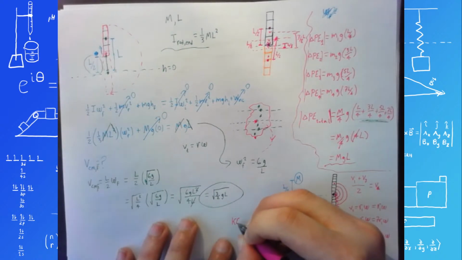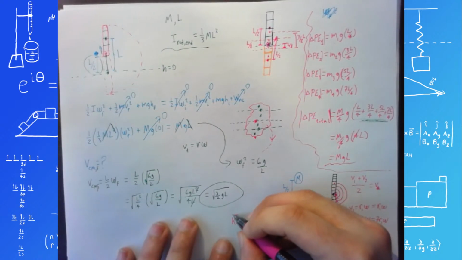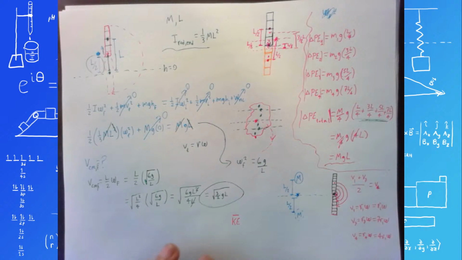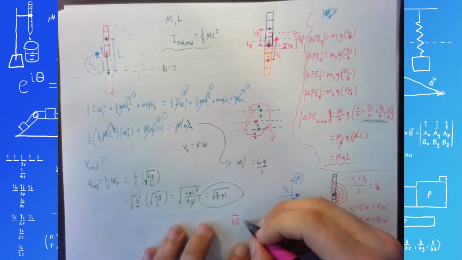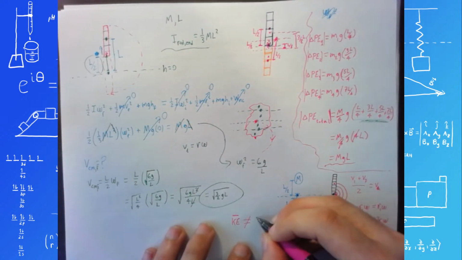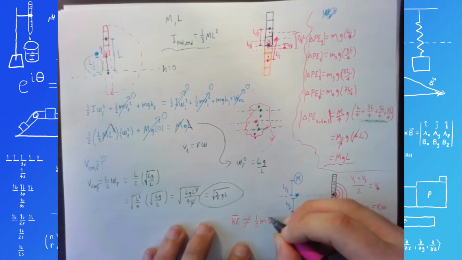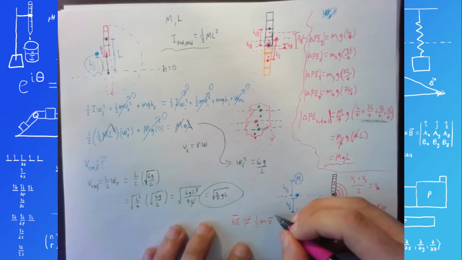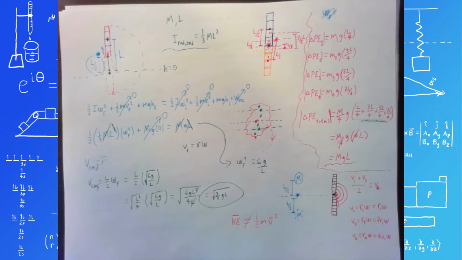Kinetic energy average for a number of pieces that are moving at different velocities does not equal 1/2 m times the average speed squared. The squaring is what ruins it.